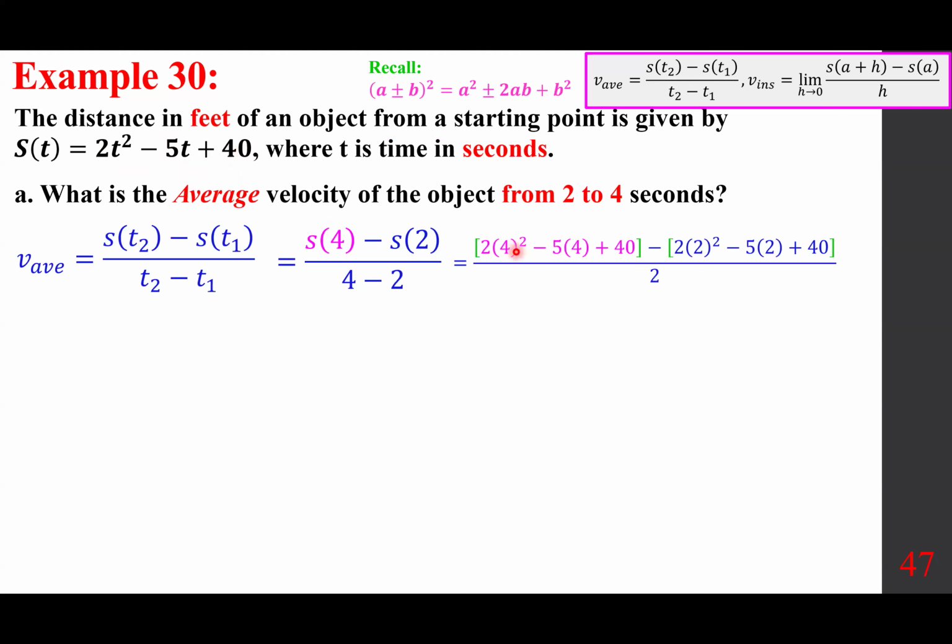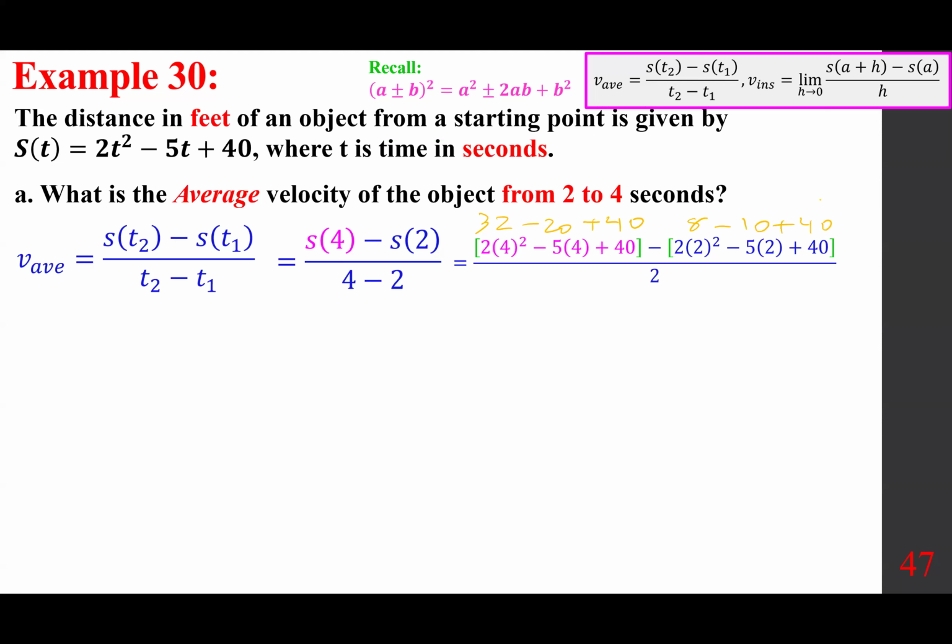Four squared is 16 times 2, 32, minus 20, plus 40, adds up to 52. 2 squared, 4 times 2, 8, minus 10, plus 40, they add up to 38.